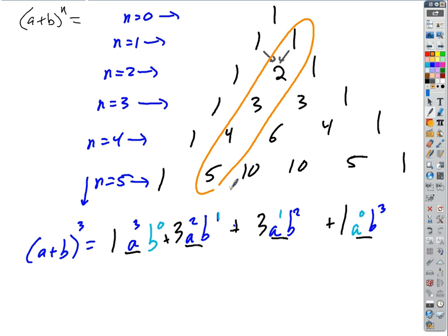I mean, we could, well, actually, can you find it? 1, 2, 3, 4, 6, 5. So here's the question, can you figure out how to get this one?